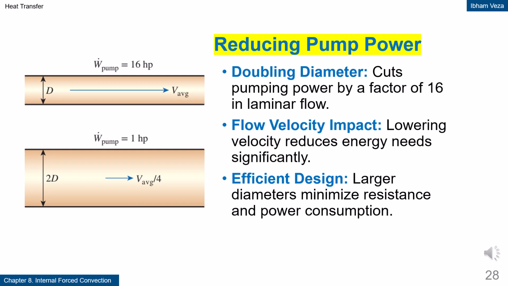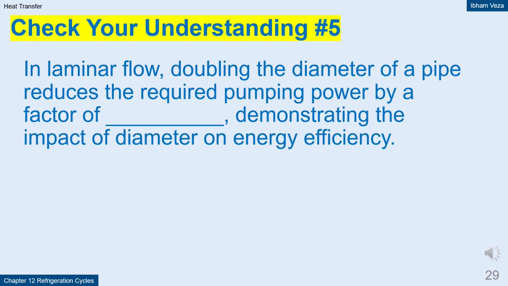Therefore, selecting the pipe diameter has a major impact on energy consumption. Smart design can significantly reduce operational energy costs. In laminar flow, doubling the diameter of a pipe reduces the required pumping power by a factor of 16, demonstrating the impact of diameter on energy efficiency.